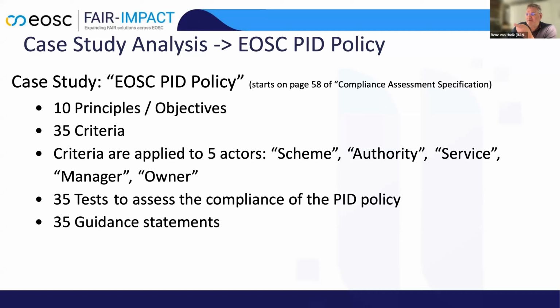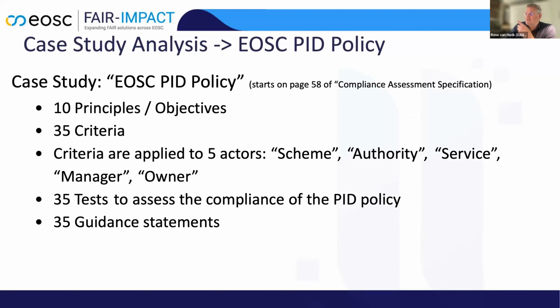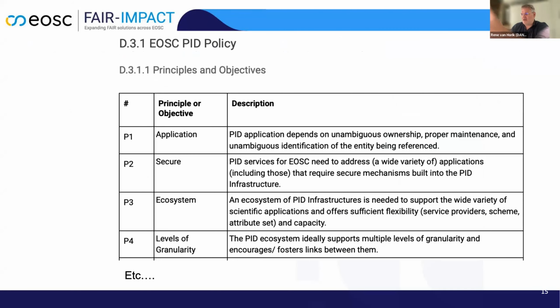So let's start with the principles. You said there are 10 principles. Here are the first 4. The first principle is that PID application depends on unambiguous ownership, proper maintenance, and unambiguous identification of the entity being referenced. Okay, we all recognize that.